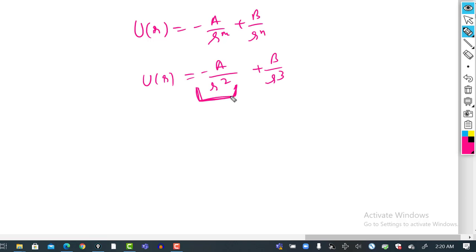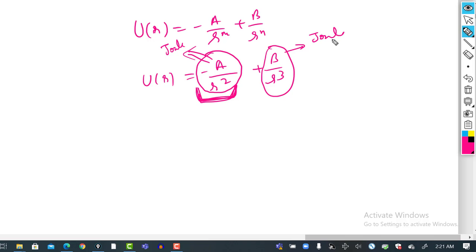This is the attractive part, and this is the repulsive part. The whole expression should give energy, like joule. If you add joule plus joule, you get U in joule. Electron volt, whatever, I am just taking joule. So this expression should give joule only.